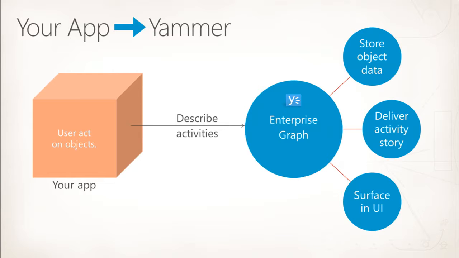And now, really the deepest that we can go is what we're going to talk about next, and that's activity stories. So Open Graph is a data-level integration. It's very rich. You can send us lots of attributes, previews, whatever you want, to describe the objects that exist in your system. And the best way to create a rich feeling experience inside of Yammer around your objects is by sending us activity stories.